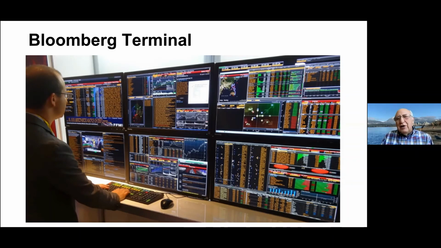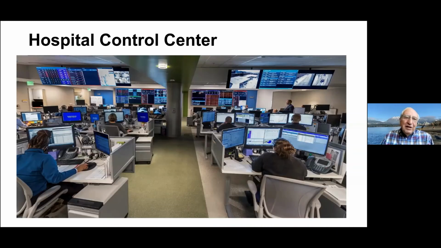And I think the notion of Bloomberg terminals for medical care, Bloomberg terminals for transportation or for other things is gaining momentum. Here's a hospital control center. There are several of these already that will monitor not only the emergency room arrivals, but the 100 different patient-controlled analgesia units or intensive care units that are operating within a large hospital.